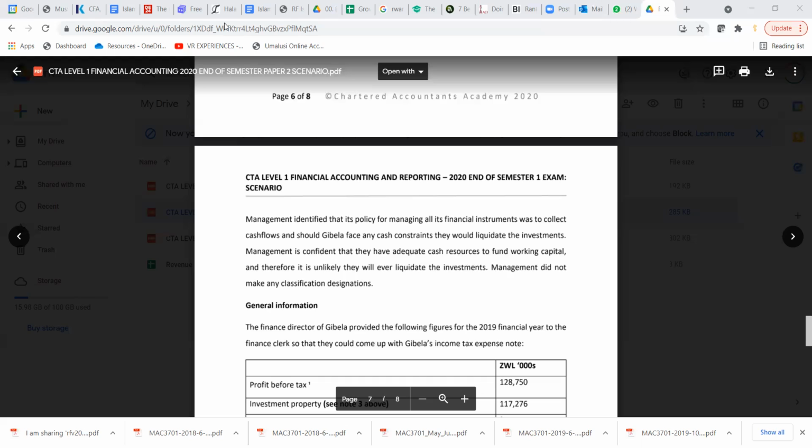So it fails on meeting those two on the OCI element. Then we go to measured at fair value through profit or loss, because if it's not measured at OCI or amortized cost, it goes to profit or loss. Yeah, so that's where we are getting to, right?